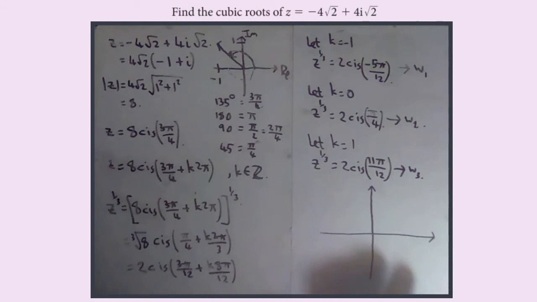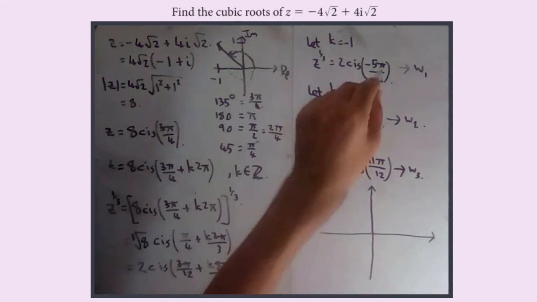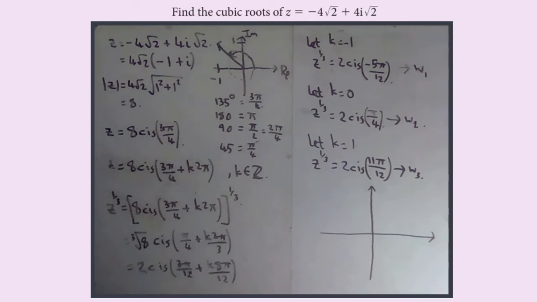Okay, so we're just considering the radius of the circle. All the lines are going to have length 2, because all of the complex numbers have a modulus of 2. I'm just going to find these angles. So for the first one, it was minus 5 pi by 12. Well, we said pi by 12 was 15, so 5 15s are 75.